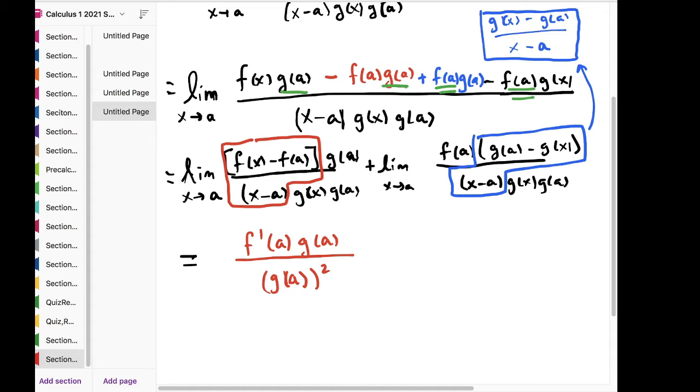It's not g prime of a, right? Because this one is g of a minus g of x, but not g of x minus g of a. But I can do something to turn it into g of x minus g of a. How do you switch the sign of a subtraction?